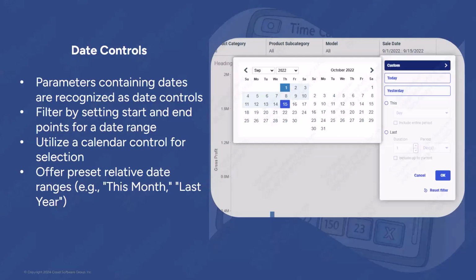It also offers convenient preset relative date ranges, like this month, last X number of days or weeks, or last year. Simplifying all those common temporal filtering tasks that most people need to do.